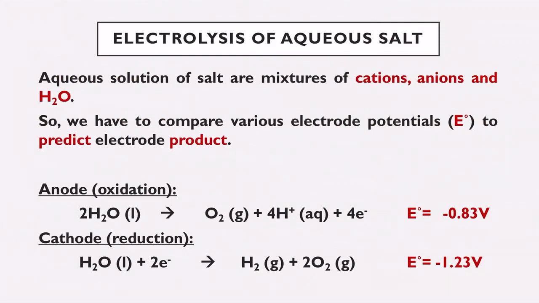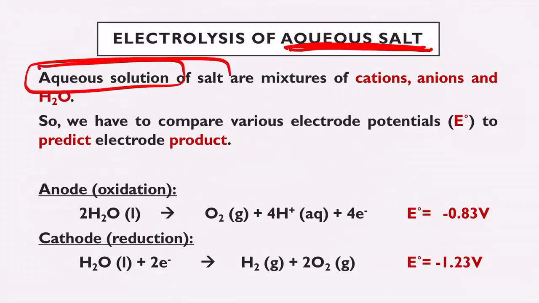So why do we need to know the electrolysis? How does electrolysis of water occur? Because we will want to electrolyze our aqueous salt. Aqueous, aqua, that means this aqueous solution of your salt will have cations, anions and water.